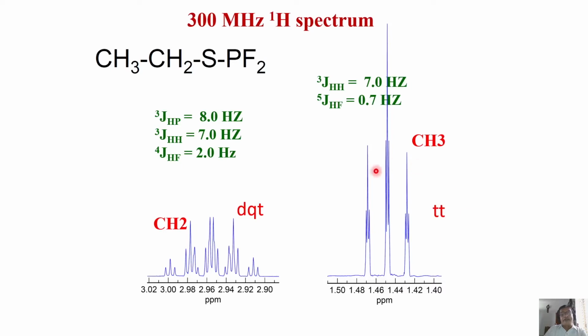Only the four bond coupling we didn't see here. That's all. Three bond coupling is there. In addition to that, these CH2 protons can also experience coupling with two equivalent fluorines. So it experiences coupling with protons, phosphorus and fluorine, all the three. It's a very interesting example. That's why I wanted to show you that a proton simultaneously experiences coupling with three different heteronuclear spins.